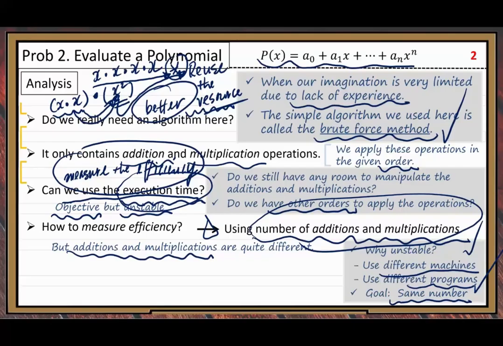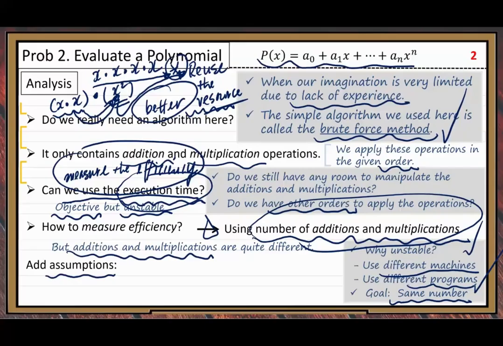How to choose a fair way so that we can use one counting number to cover both operations. Here we need to make some assumptions, reasonable assumptions, fair assumptions.